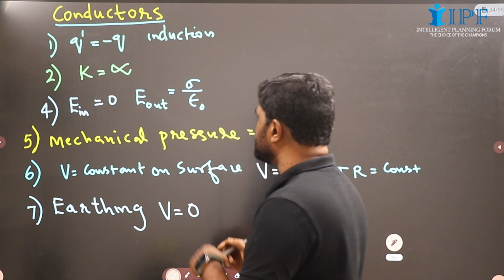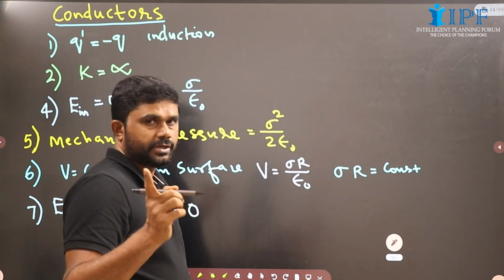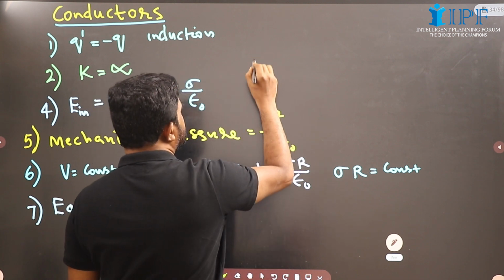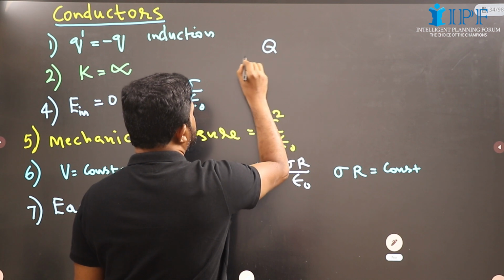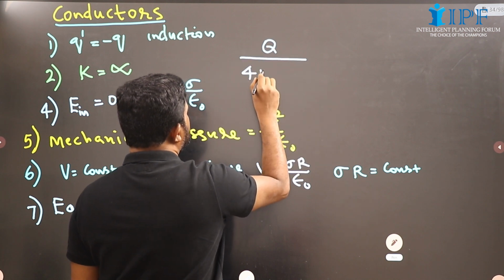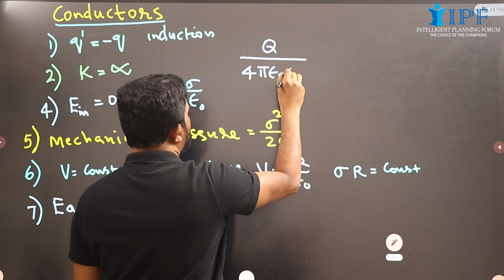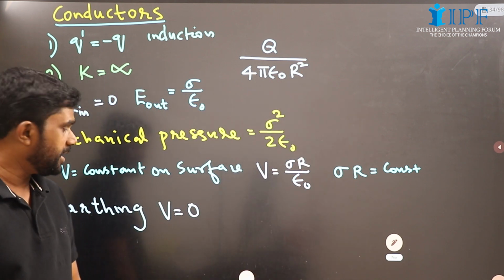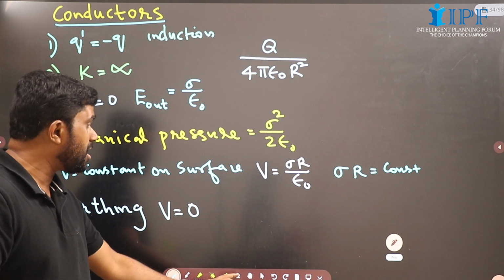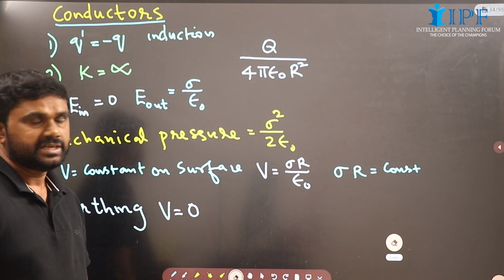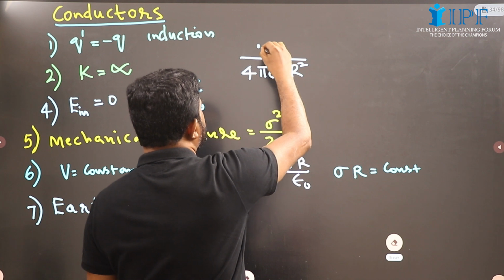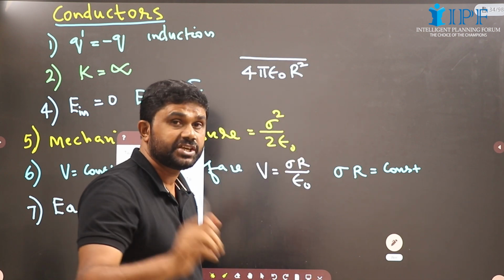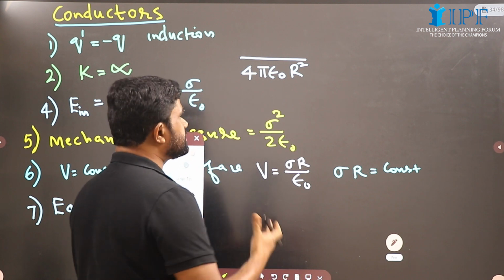See, how do we get this? Consider a sphere. What is the intensity of electric field on its surface? It will be Q by 4 pi epsilon 0 r square. Now that Q is the charge on the sphere. I can write that charge as the surface charge density into the surface area.